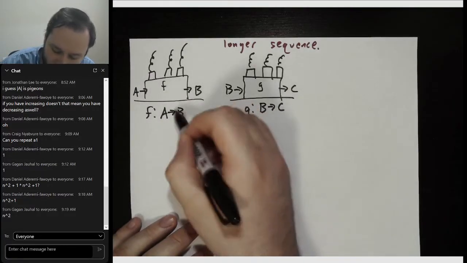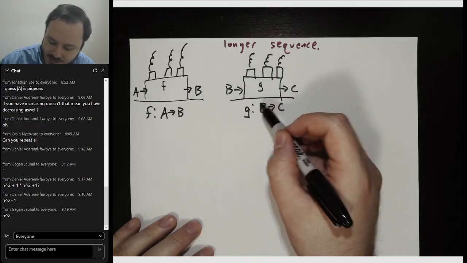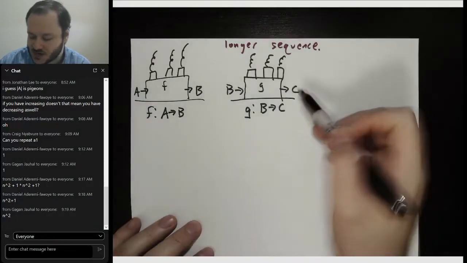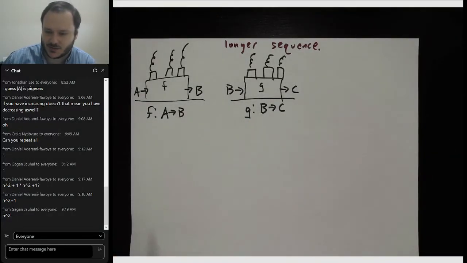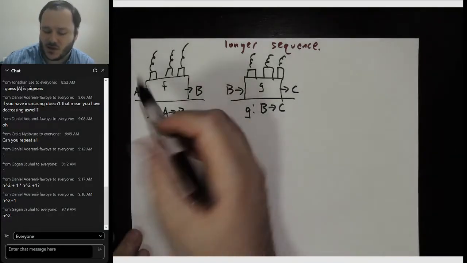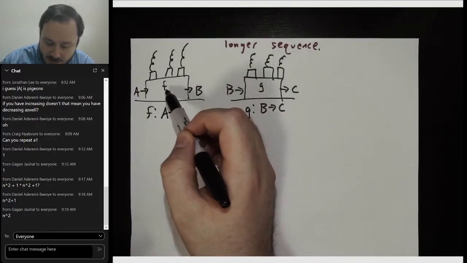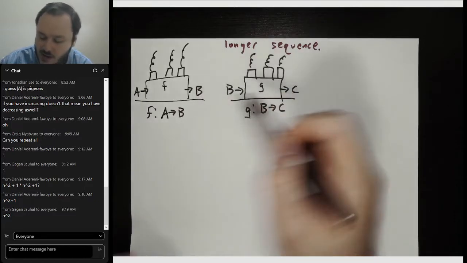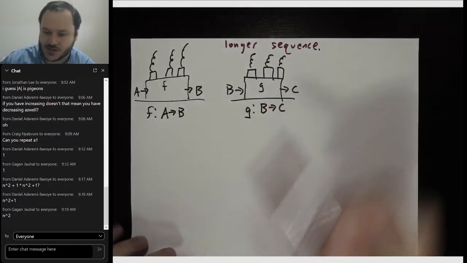The codomain of F is the domain of G. G takes what F produces and turns it into something else. So maybe wheat gets sent to the factory F, F turns the wheat into flour, and then G takes the flour, turns it into bread.